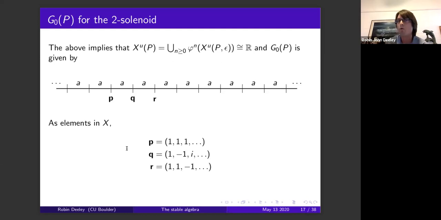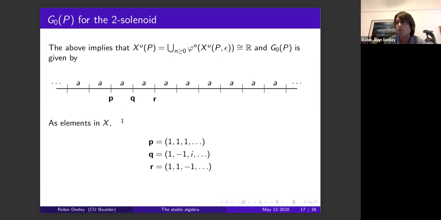Now we have another one where we've taken 1, -1, i. Notice that in the topology on X^u(P), that's pretty far away from the point all ones, even though they agree at that first coordinate. The green region that we had in the previous slide would appear something like here. That would be the green region that we were looking at before.